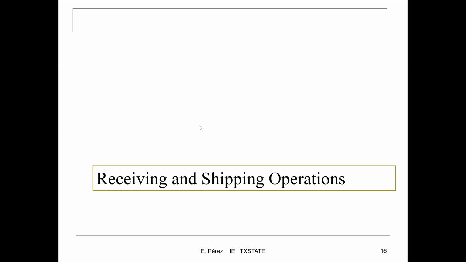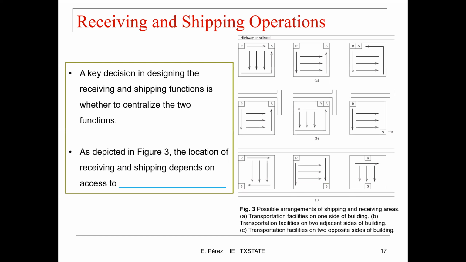So let's talk about receiving and shipping operations. The key decision in designing the receiving and shipping functions is whether to centralize the two functions. As expected in this figure number 3, the location of receiving and shipping depends on the access to the transportation facilities.